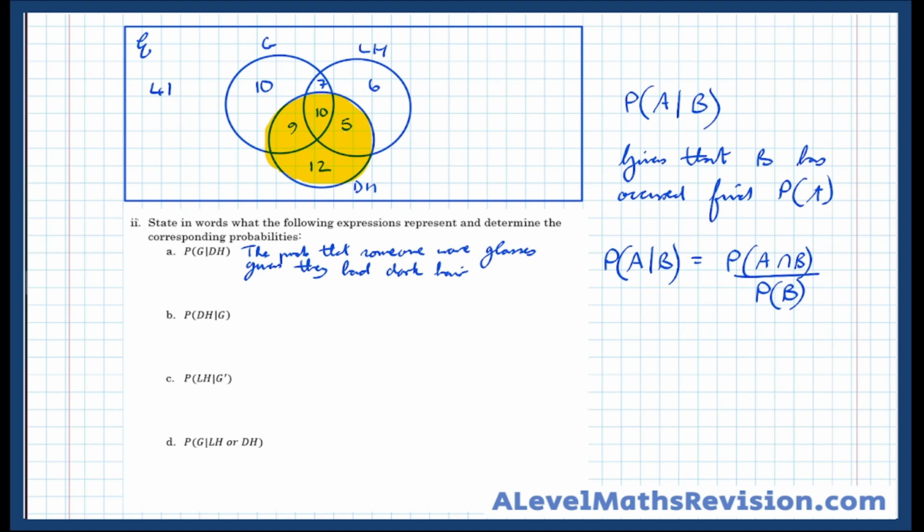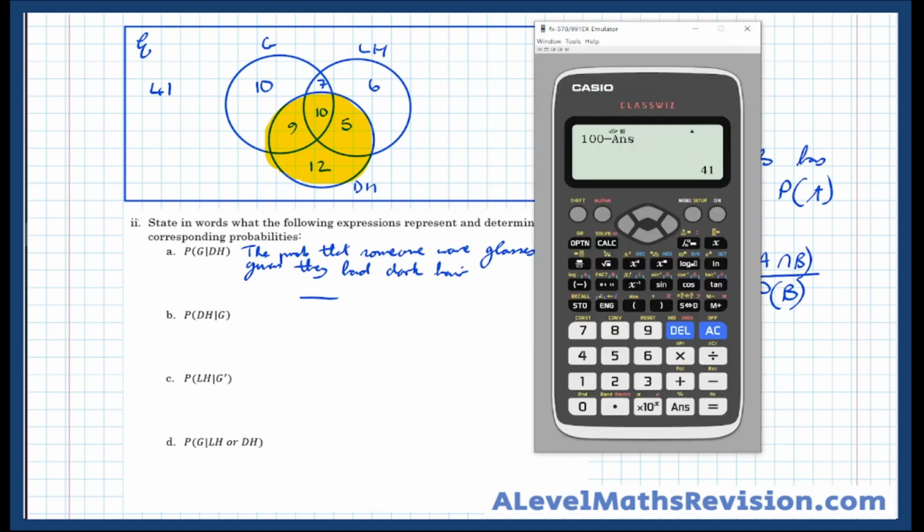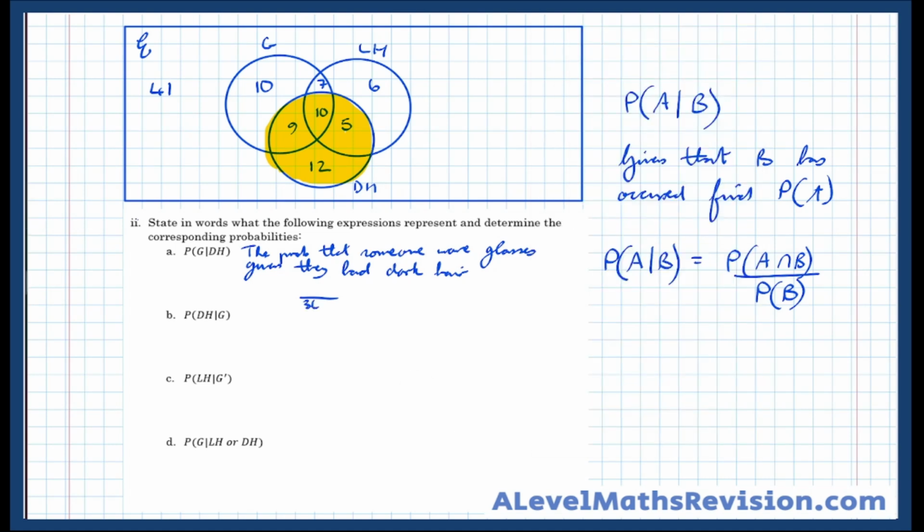So what I would first of all do is write a denominator out. It's no longer out of 100 anymore. It's only out of those things in the yellow circle. So 12 plus 5 plus 10 plus 9 is equal to 36. It's out of 36 now. And the probability that they wore glasses, well, it's not everything here.